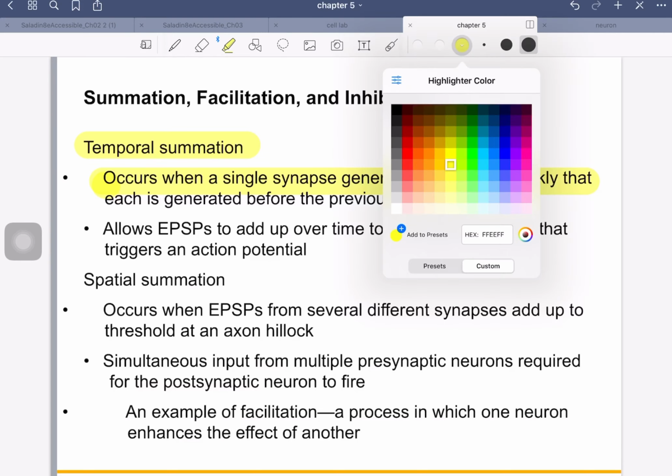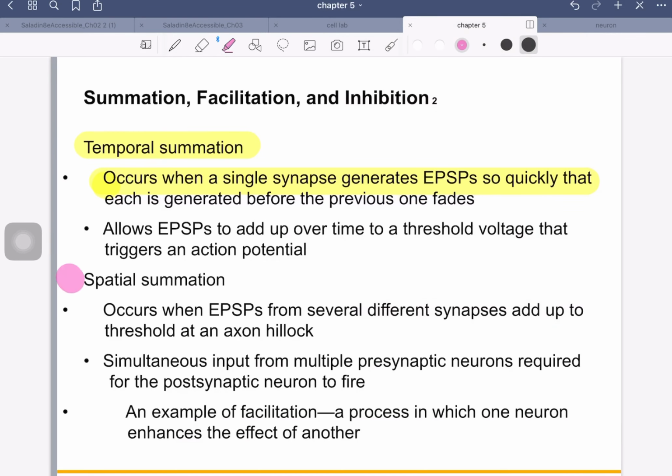The other example we looked at was spatial summation. And spatial summation is when a number of neurons are trying to talk to one postsynaptic neuron. And in this case, the overall effect as to whether a trigger zone will hit threshold is based upon a number of neurons talking to that one neuron.